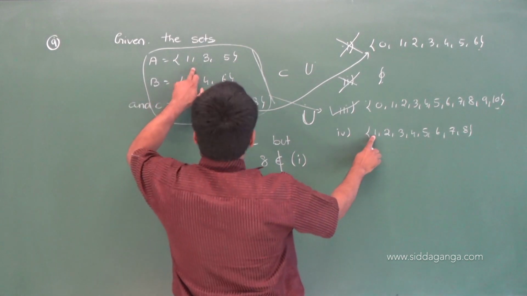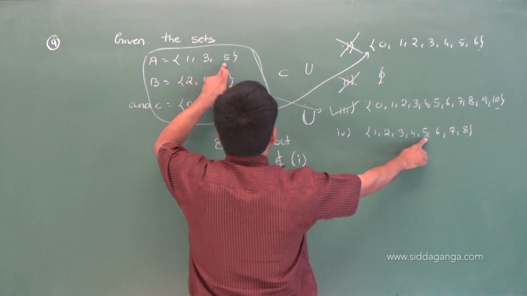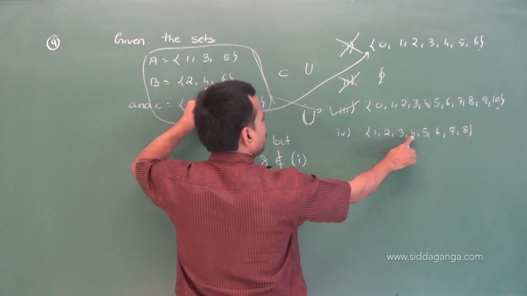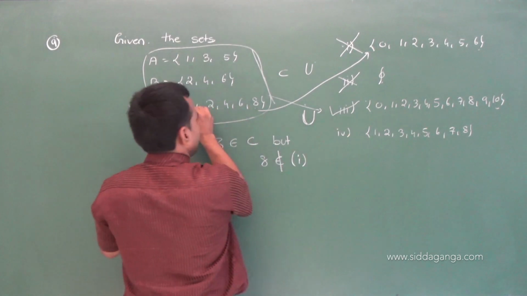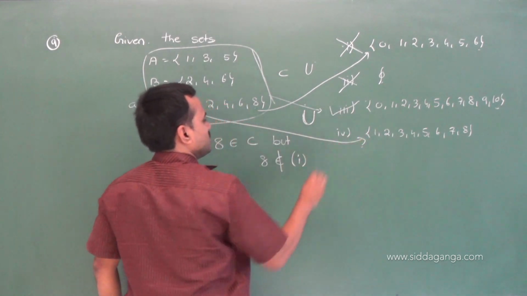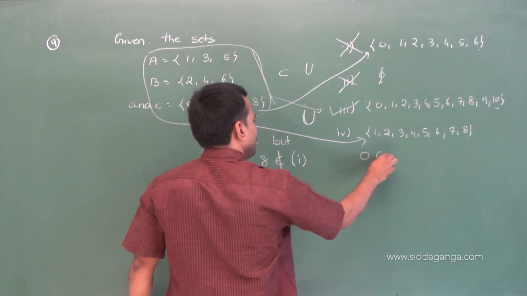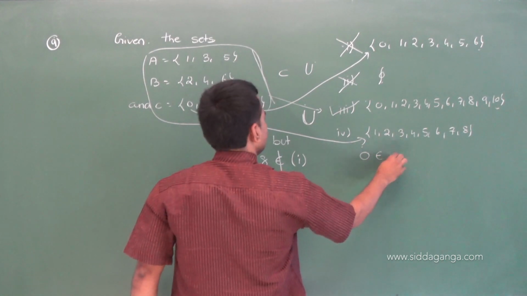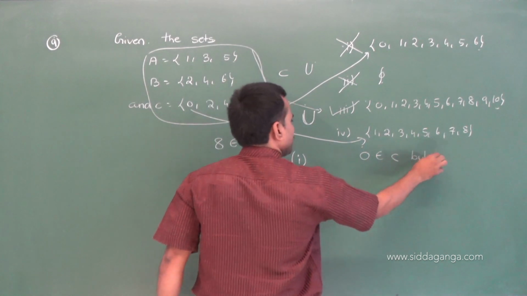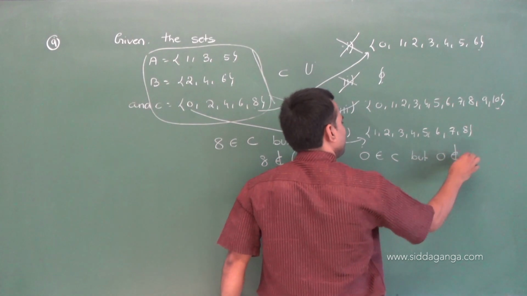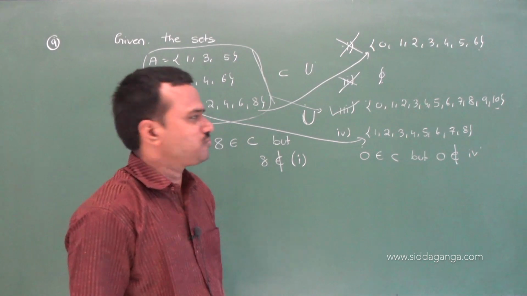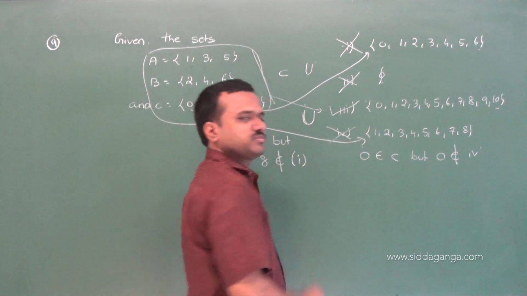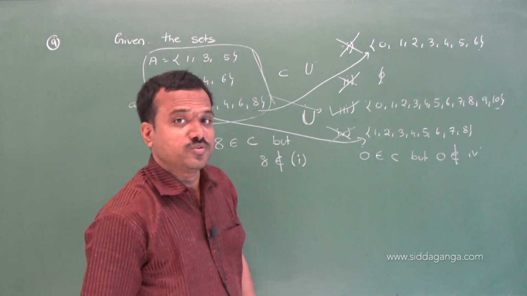1 is present, 3 is present, 5 is present, 2 is present, 4 is present, 6 is present. Observe here: 0 belongs to C, but 0 does not belong to the fourth set. So this one we cannot consider as a universal set.